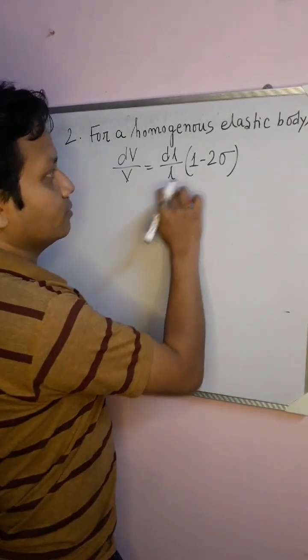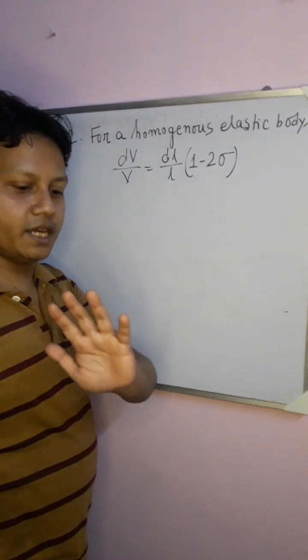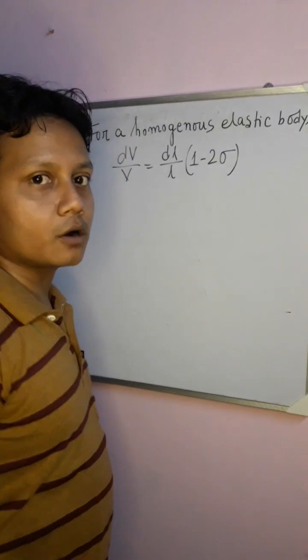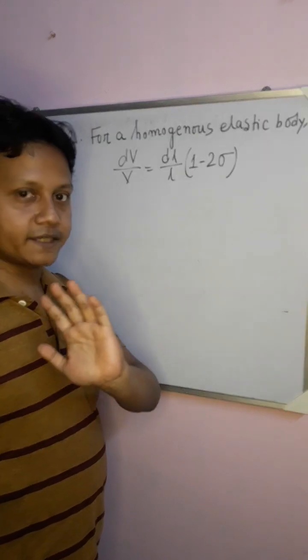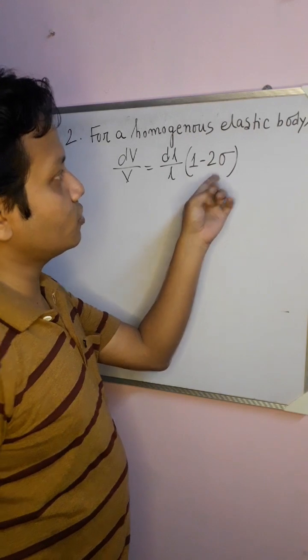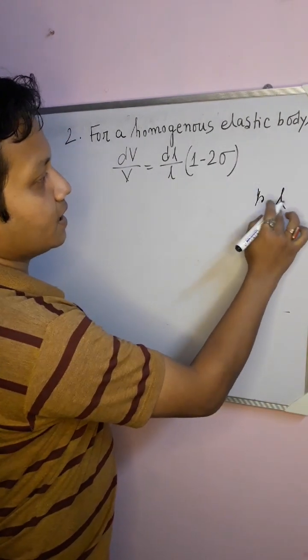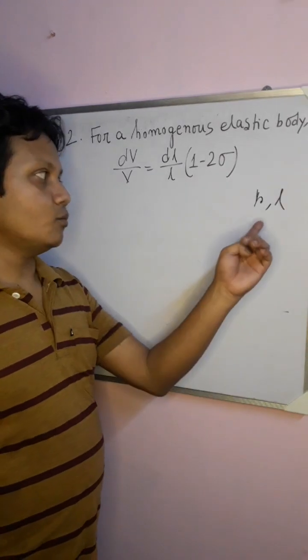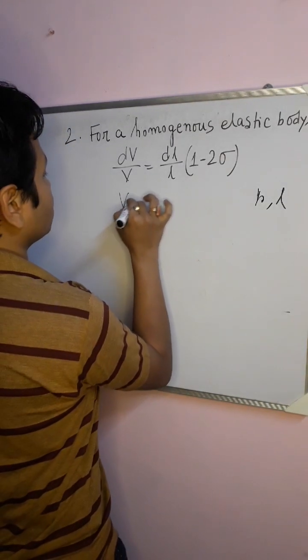Just make a closed loop: volume is involved. That means we have to consider a 3D homogeneous body, and since sigma is also involved, R and L are involved. Now R and L are both included in a cylinder.